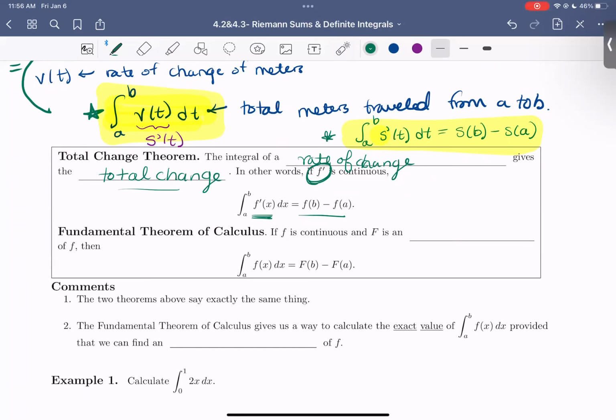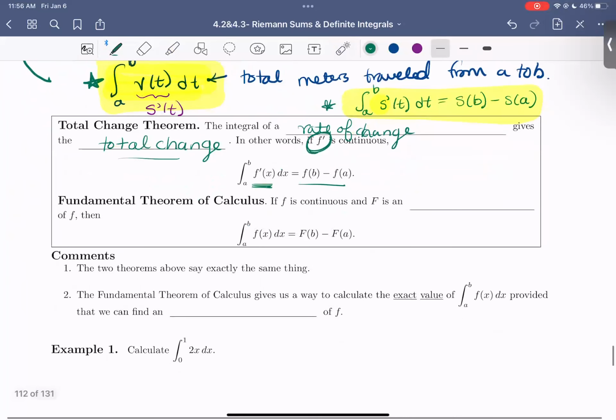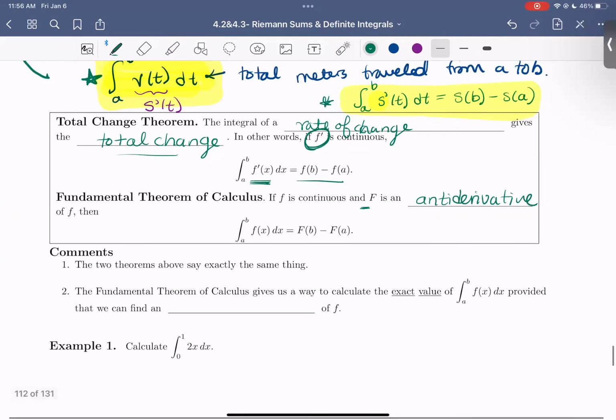The fundamental theorem of calculus says if f is continuous and capital F is an antiderivative of little f, then the integral from a to b of f with respect to x is equal to the function F evaluated at b minus the function evaluated at a.